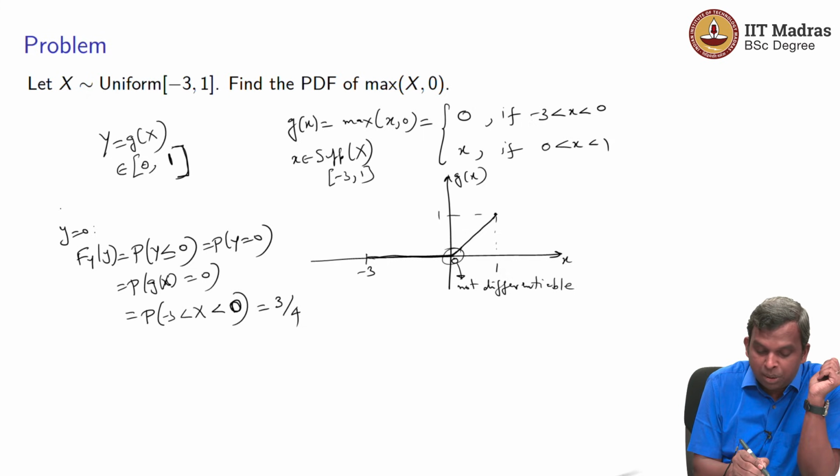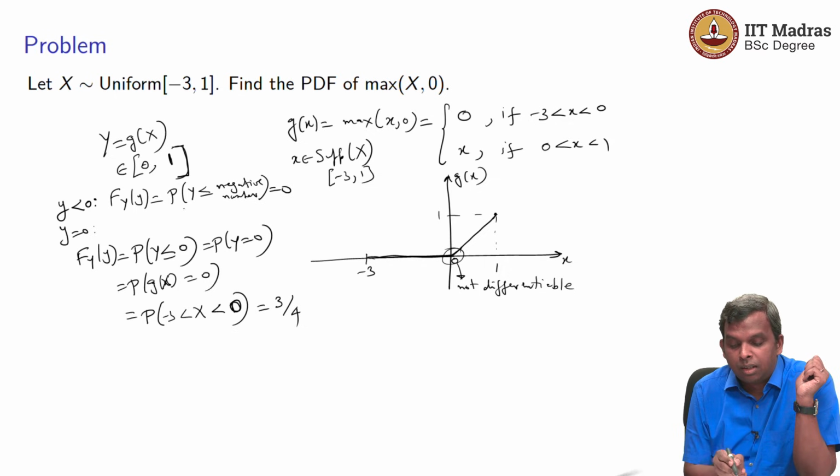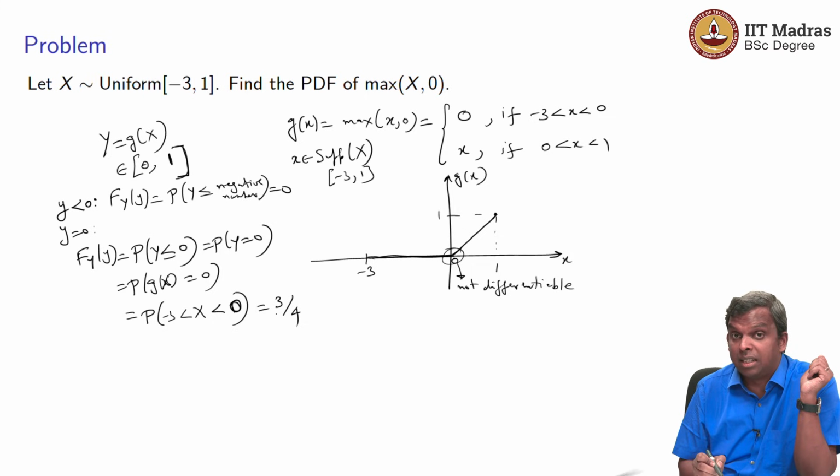Now if y were to be less than 0, what will happen? If y is less than 0, Fy of y, the probability that y is less than or equal to a negative number, is actually 0. So keep that in mind. If y is less than 0, it's 0. At 0, there is a jump in the CDF.